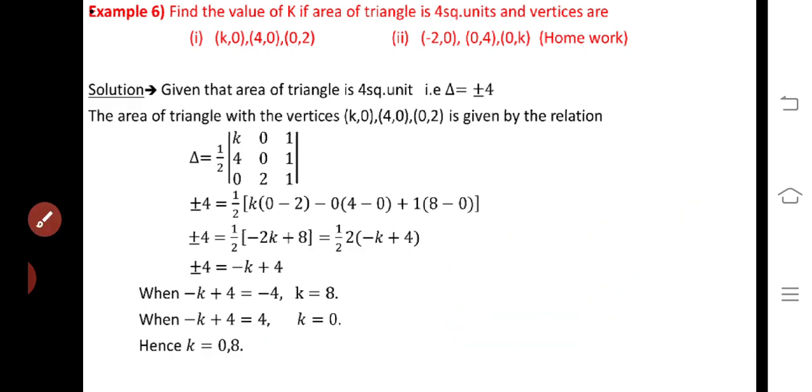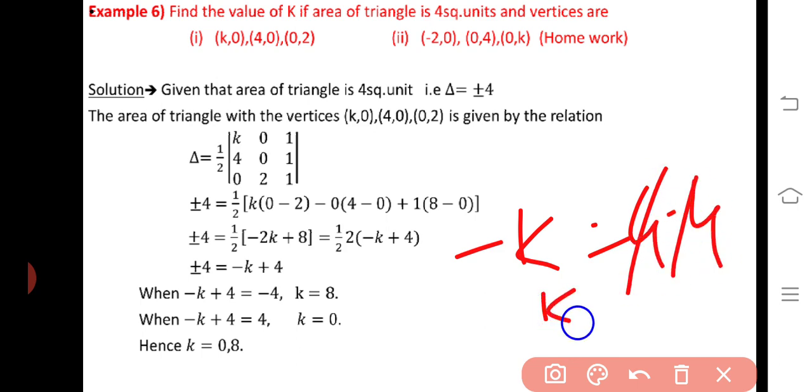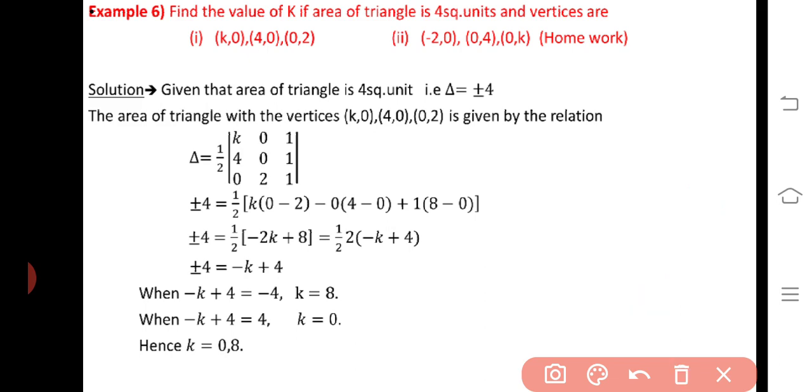When minus k plus 4 is equal to 4, if you shift similarly, minus k is equal to 4 minus 4. This implies minus k is equal to 0, k is equal to 0. What is the value of k? k is equal to 0 comma 8, and that is the answer.